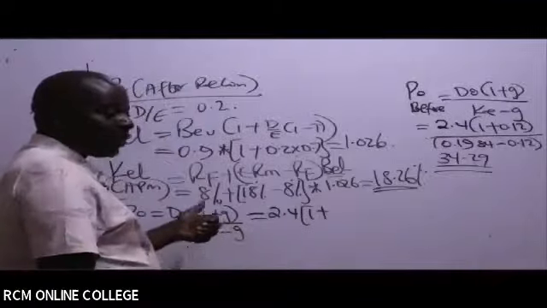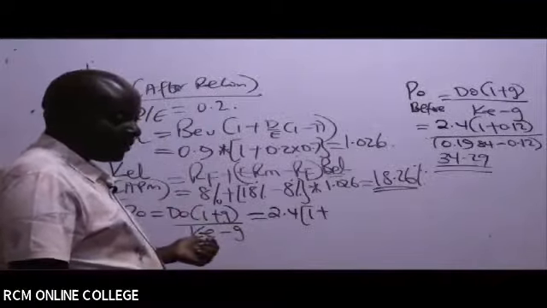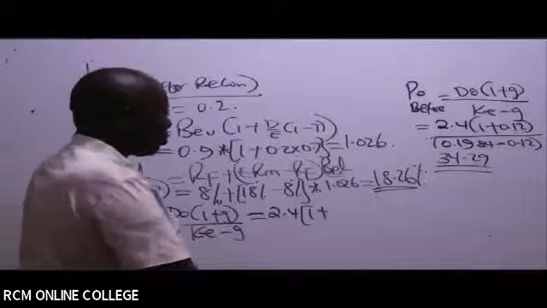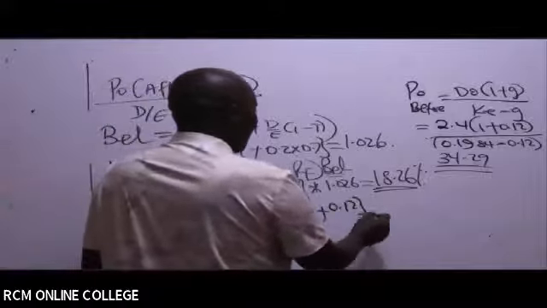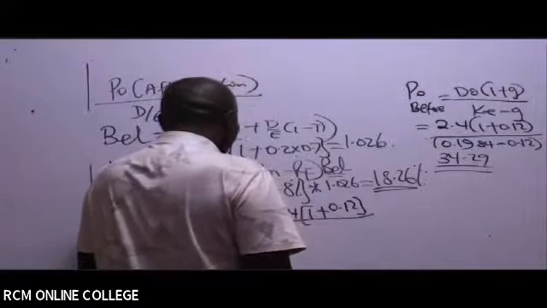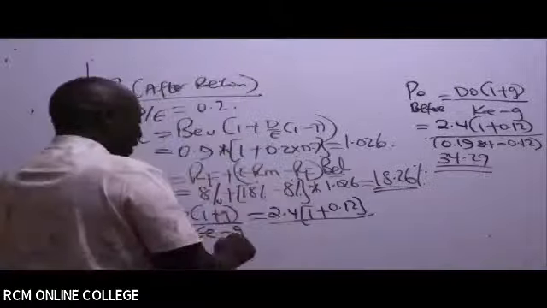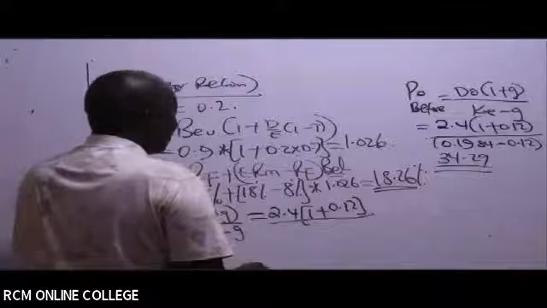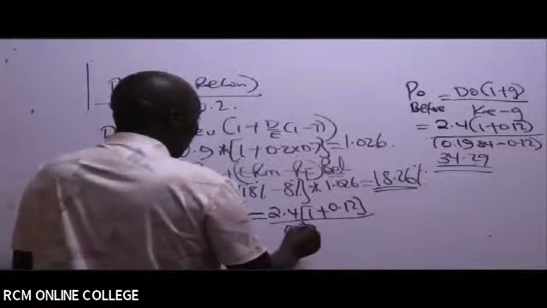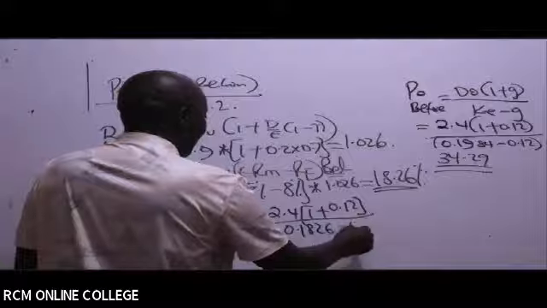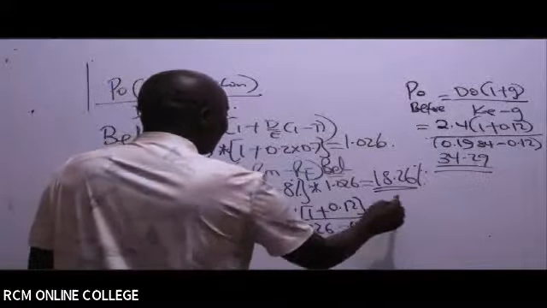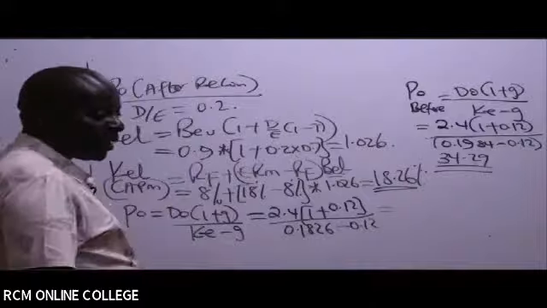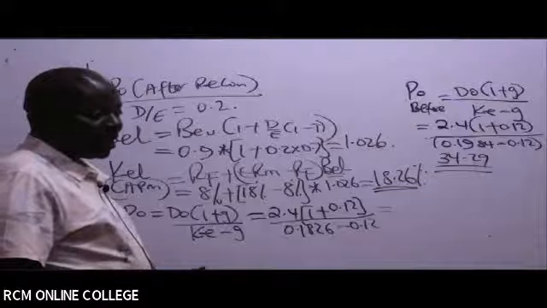Into 1 plus growth rate. What is the growth rate? Remember, they told us the growth rate remains the same, 0.12. 0.12 all over Ke. So remember this is Ke after reconstruction, and this Ke is 0.1826 minus 0.12. Getting the final answer there is not easy, but we shall pray.